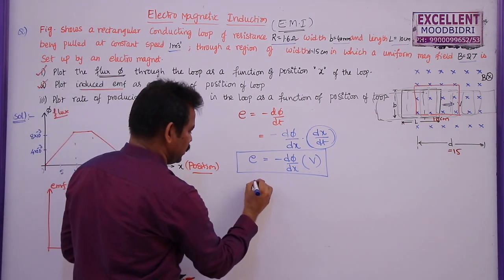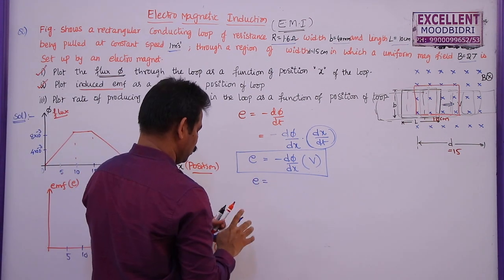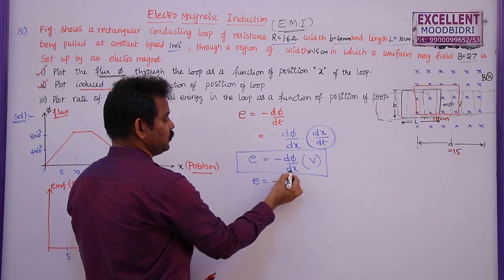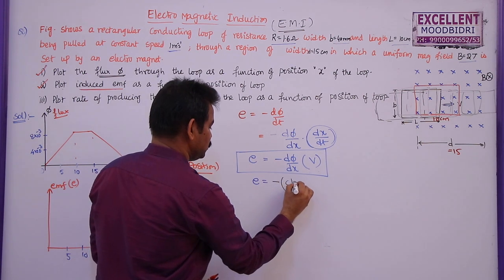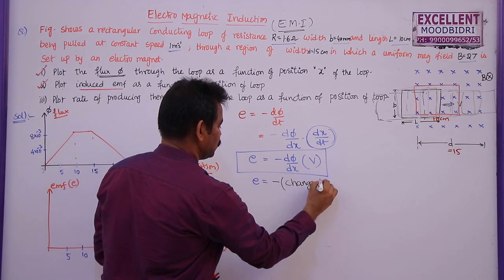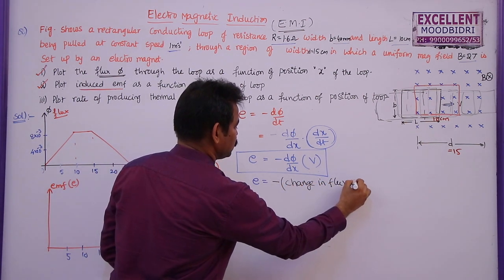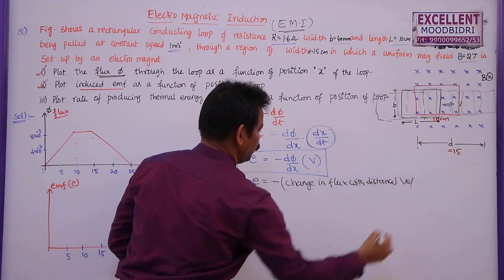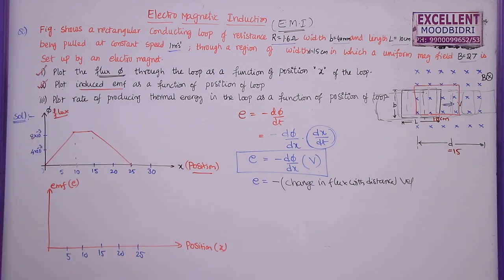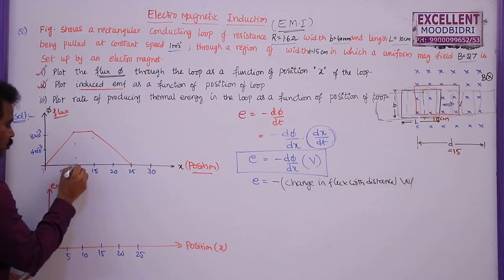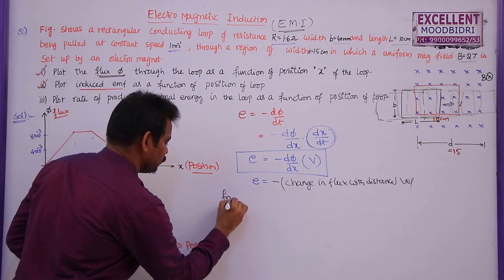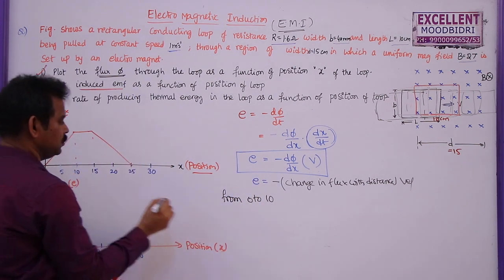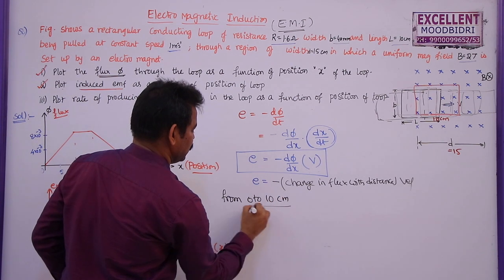EMF is equal to negative of the change in flux with the distance into velocity. So first I am going to write here from 0 to 10 centimeters distance.